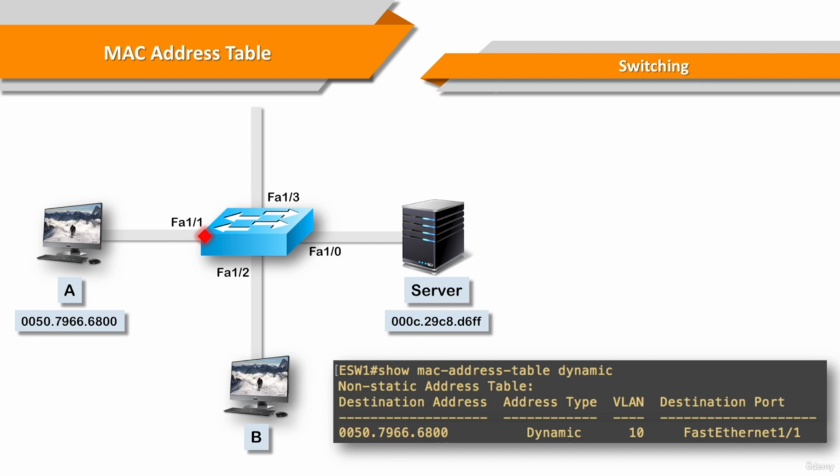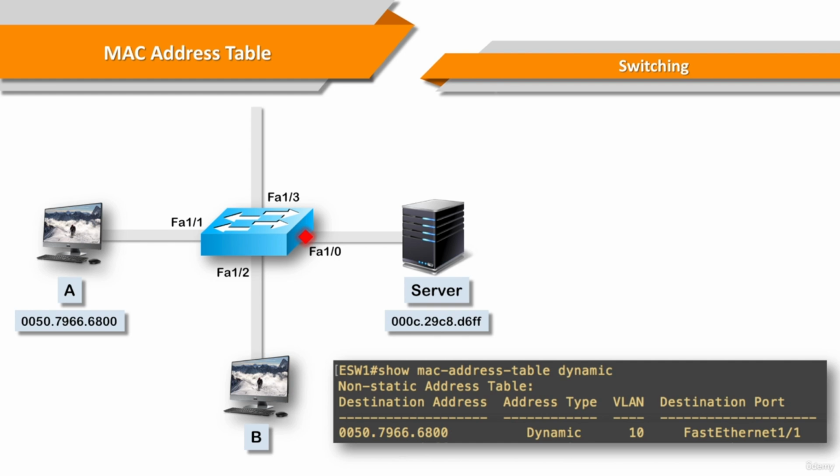And since no matching entries exist in the switch's table, it floods the frame out all of its interfaces except the receiving port. Because the frame was sent out to all the switch's other ports, it is received by the target server as well. Then the server sends a new frame back toward the switch. The other systems which receive the frame do nothing.